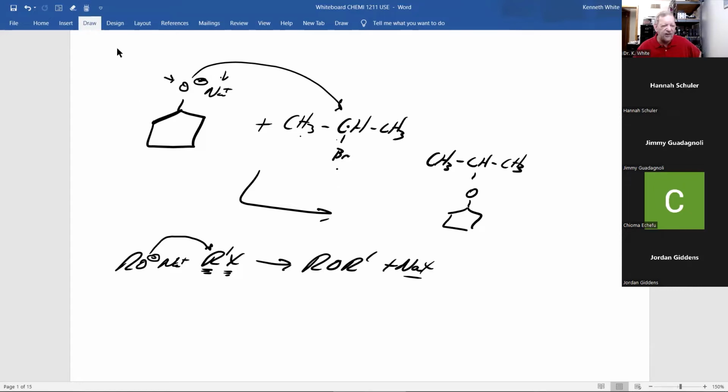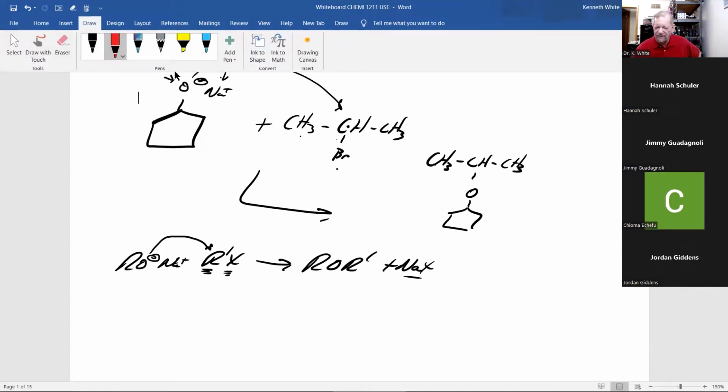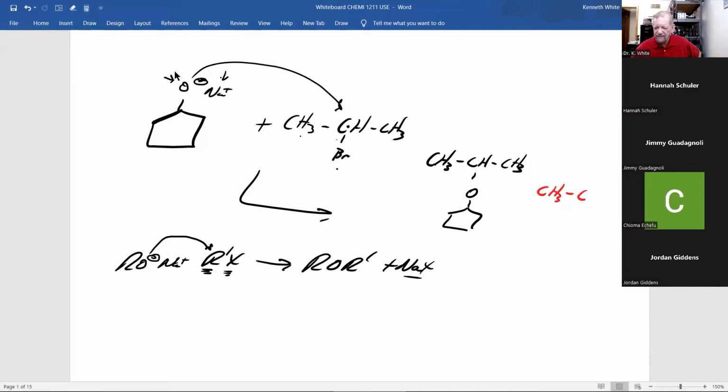And let me change colors so you know it's wrong. And it's wrong. It's on the wrong carbon. It should be on this carbon, not the one it's on.